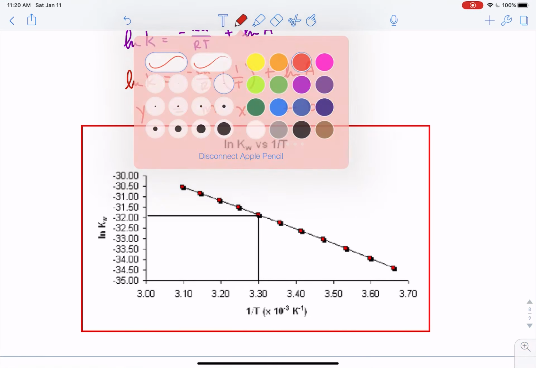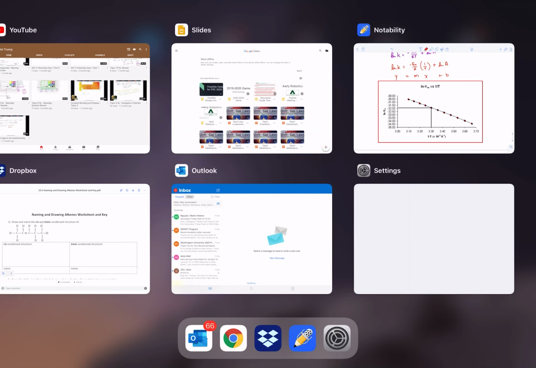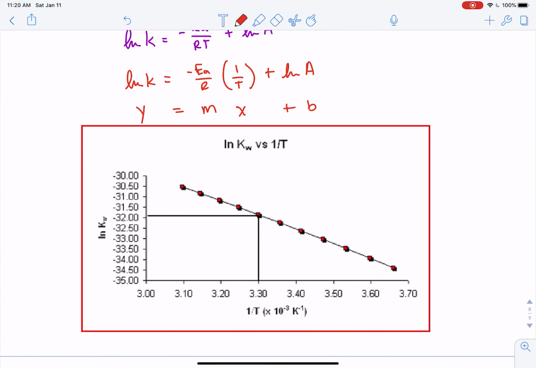And we'll pick, I don't know, this one, like this. So I just picked 2 points, and I'm going to find the slope of that graph. This point right here is, x is 3.30 times 10 to the negative 3, and y is negative, let's say, 31.90.